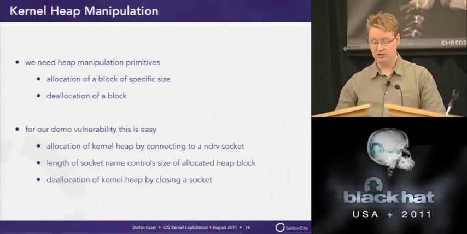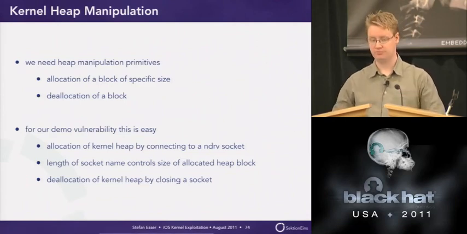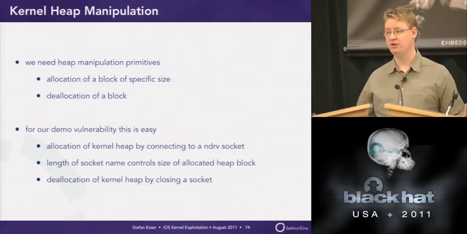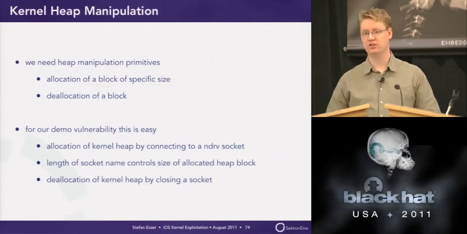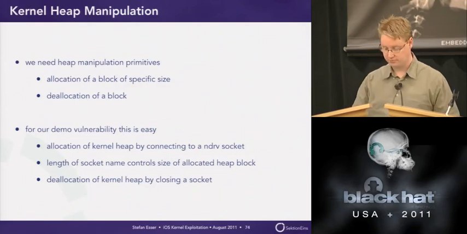If you do that, you control the size of the block that is allocated in the heap. So you just use different lengths for the socket name, and you can allocate different kinds of memory. And when you want to deallocate the memory, you just close the socket. So you can allocate and deallocate.